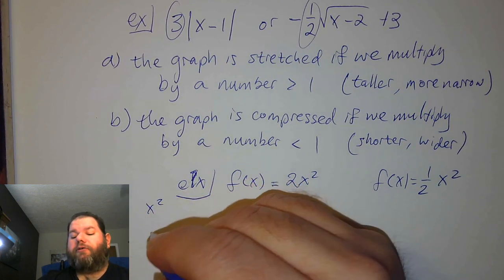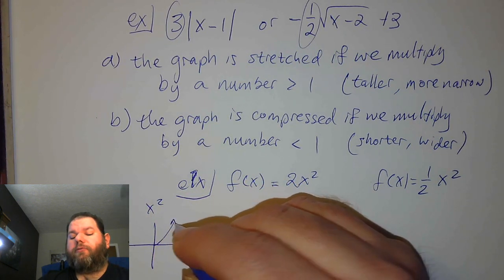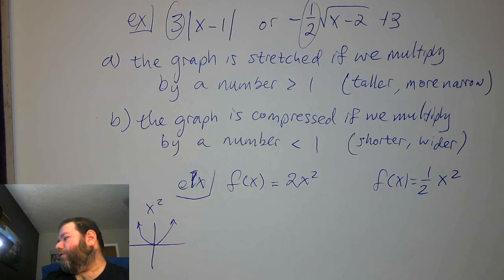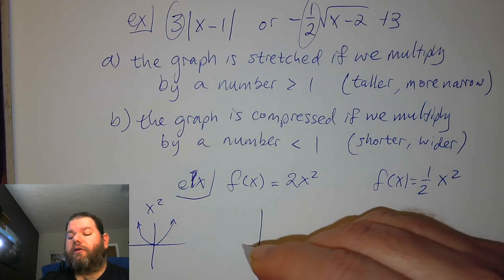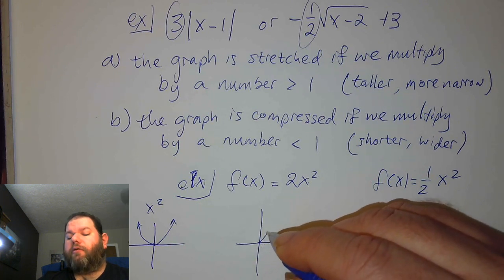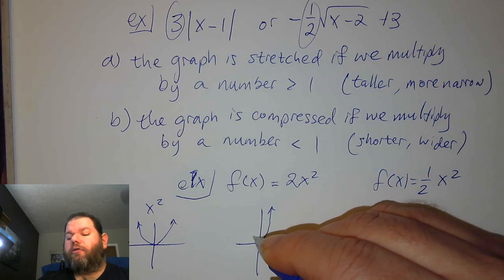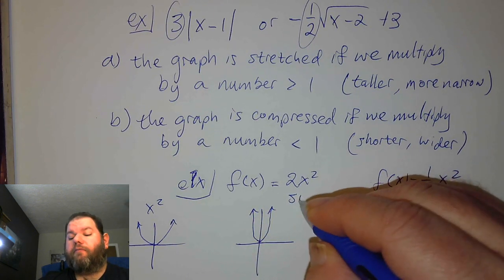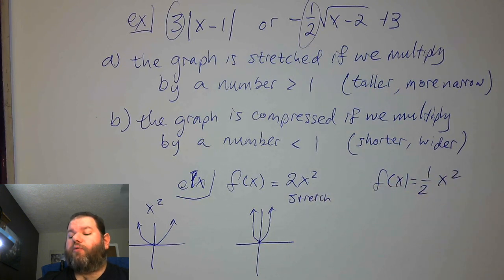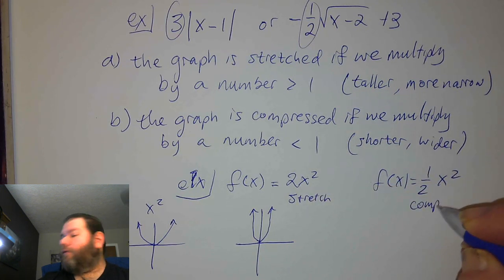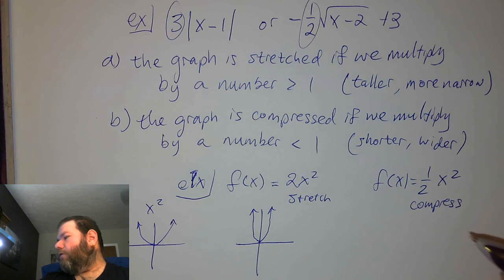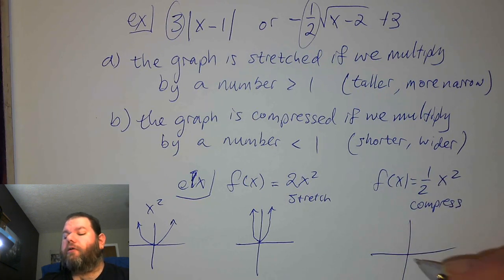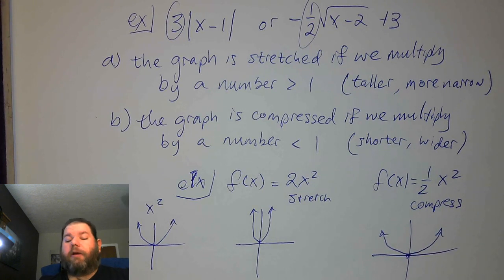Our original x squared graph, we know, it's just a normal parabola starting from the origin. 2x squared, okay, it's going to stretch the graph, and then 1/2 x squared will compress the graph. And it might look something like that.